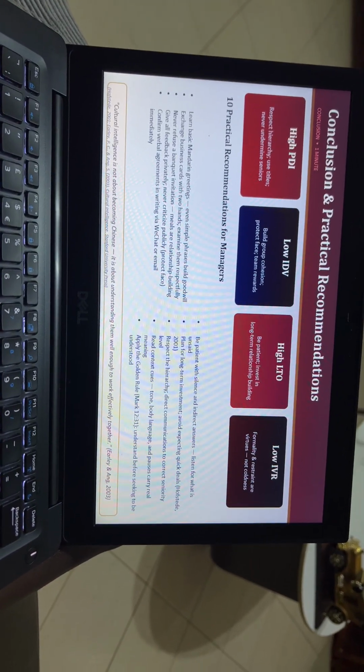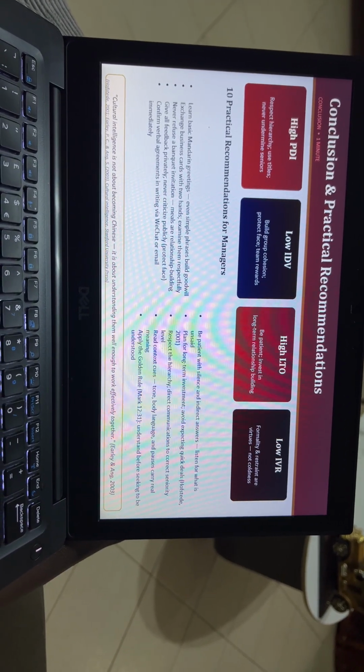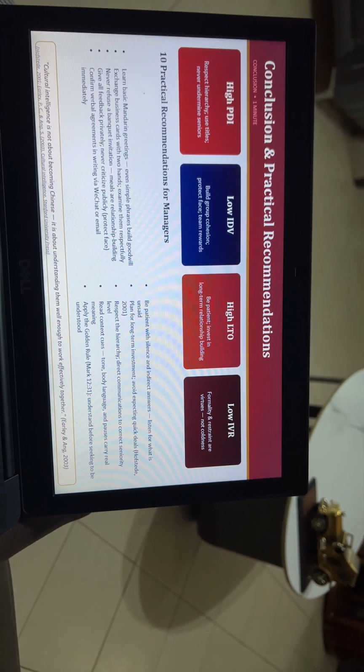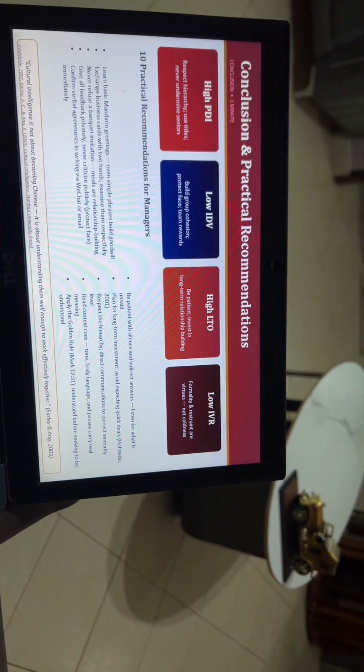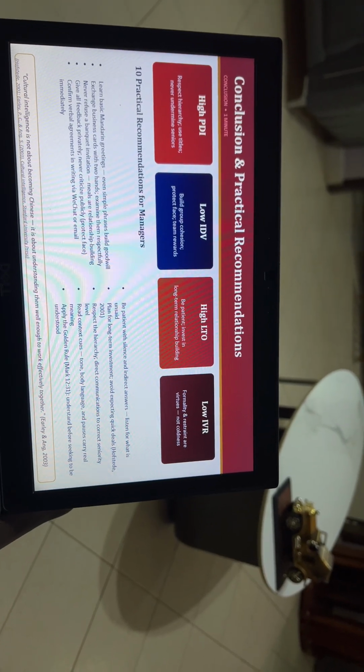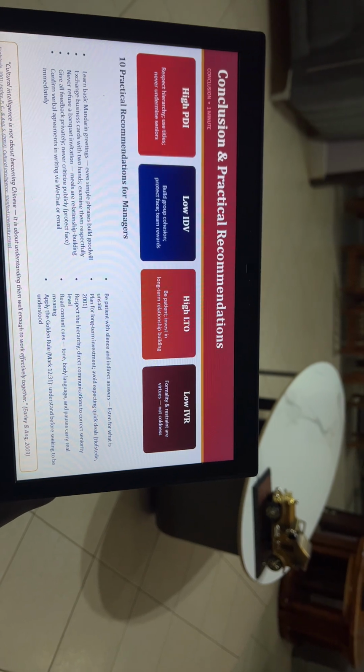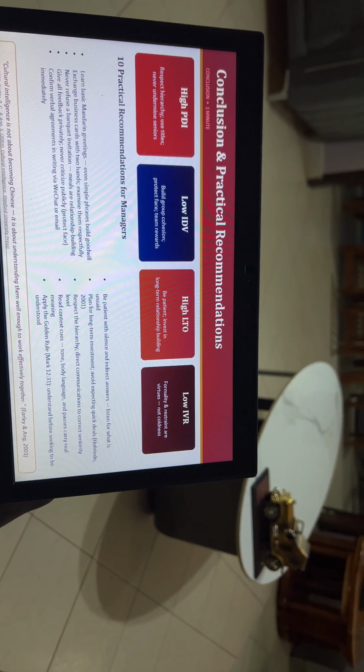Now, in conclusion, and of course some practical recommendations. Under high PDI, the manager needs to respect hierarchy, use titles, never undermine seniors.